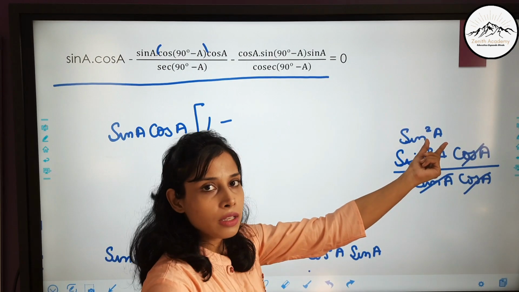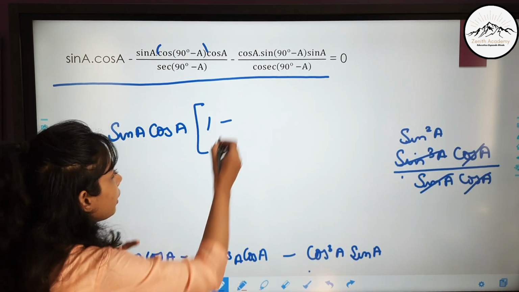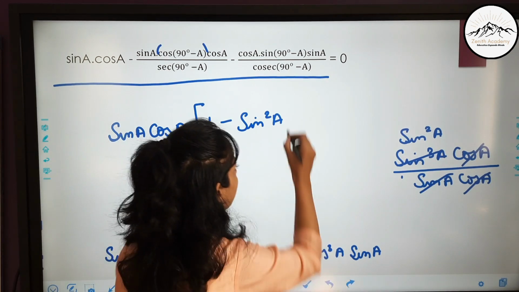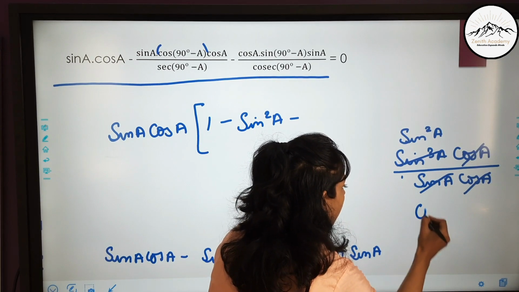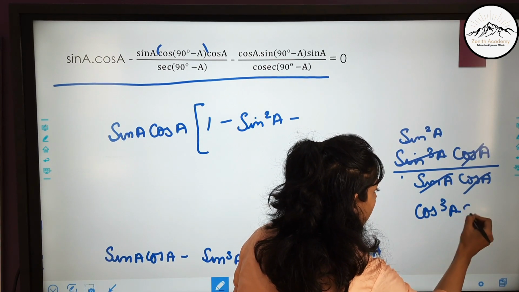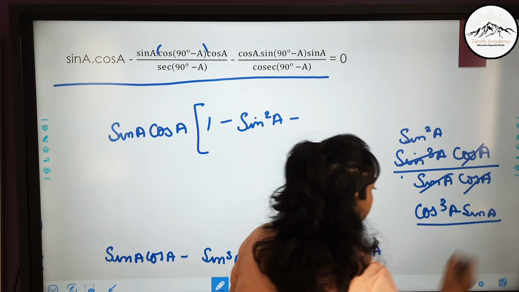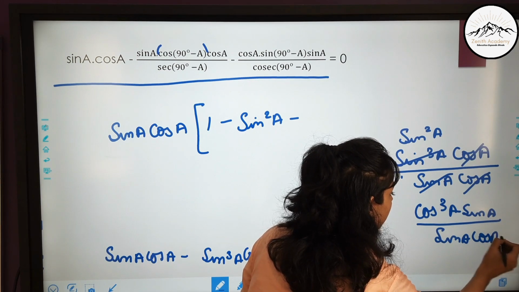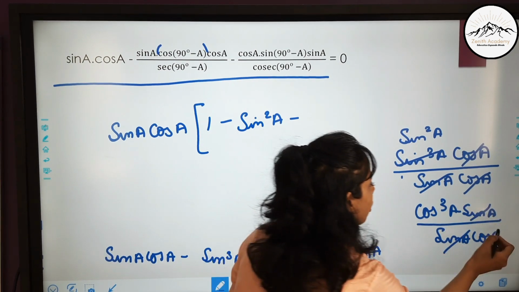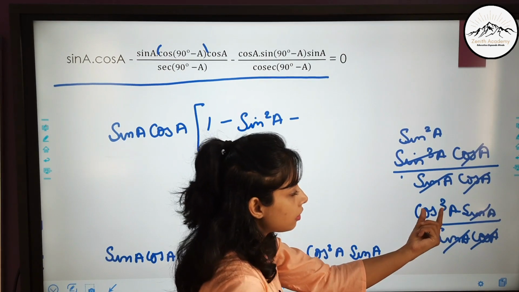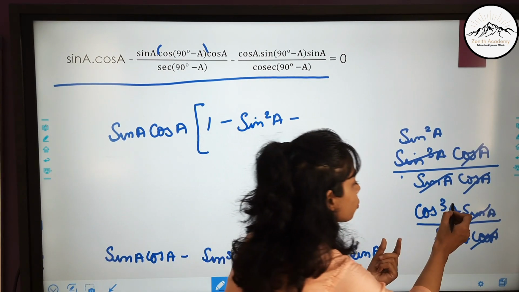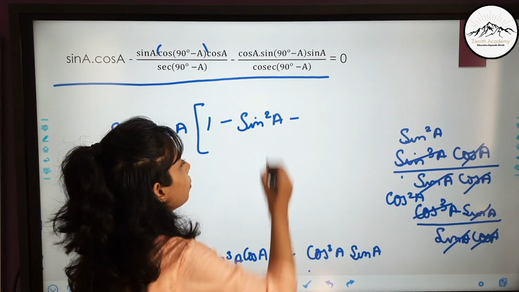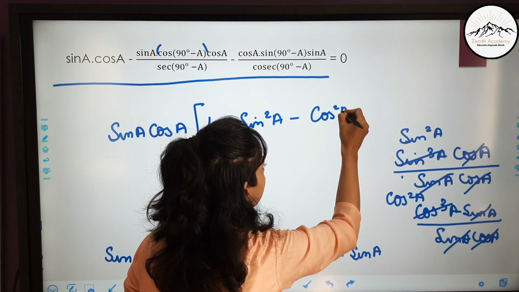So remaining will be sin square A. So what we get here? Sin square A, and in the similar manner for cos cube A, see, cos cube A into sin A upon sin A cos A. So what will be the remainder? Sin A gets cancelled. Cos A is 1. This is 3 times cos A is multiplied. So 1 cos A gets cancelled. So what will be the remaining? Cos square A. So here we will get cos square A.